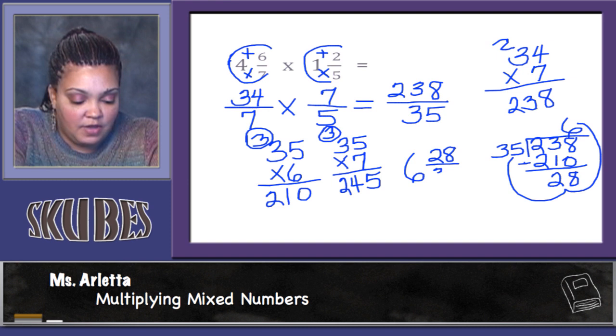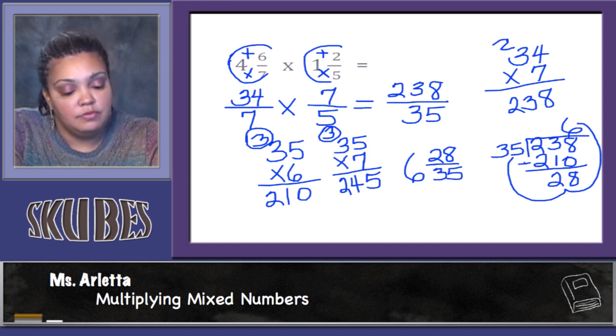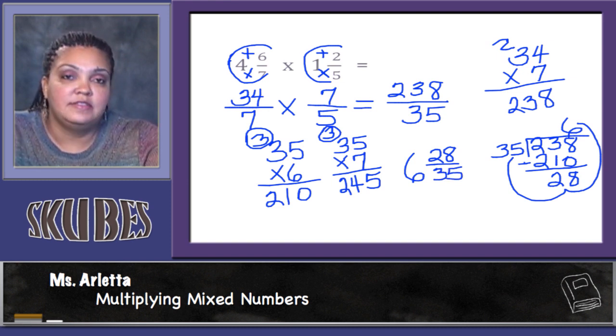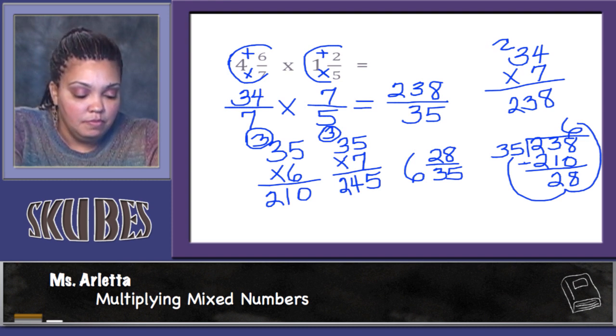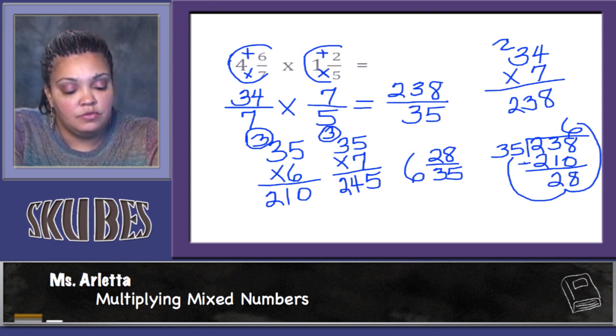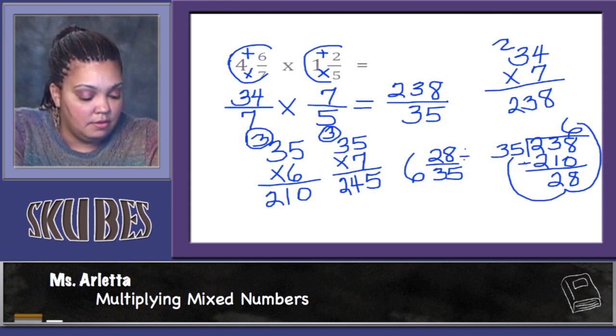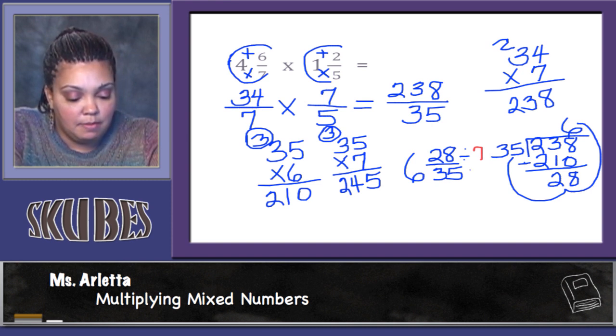When I look at 28 and 35, I see that they both have a common factor of 7. The reason why I know that is 28 divided by 7, and 35 divided by 7.